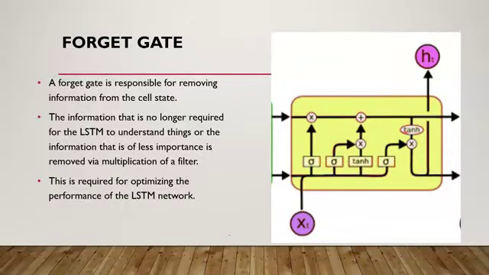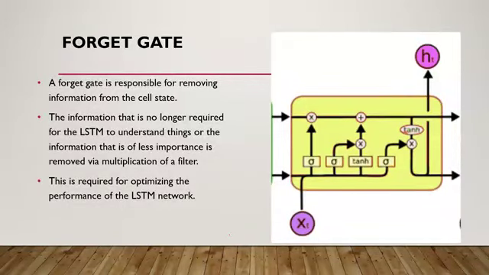There is one forget gate. If this gate is closed, then the information will not pass, and all the information from the past in this particular block will be forgotten.